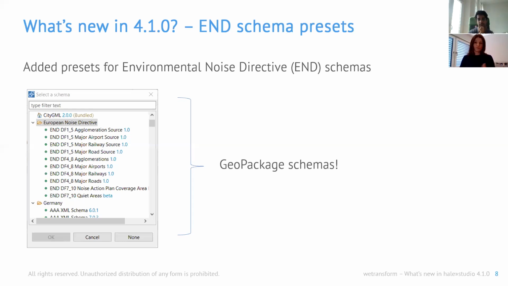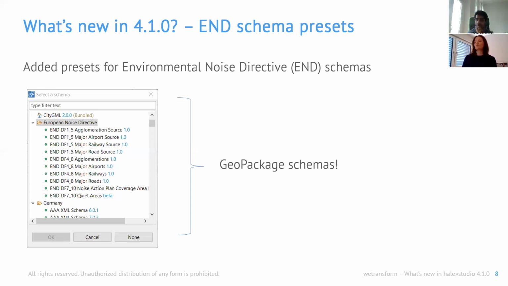In particular, Torsten Heitz has been at the center of this new encoding implementation, and has created these along with others. And so we've added them here as presets, which you can load directly now when you're working in Hale Studio.